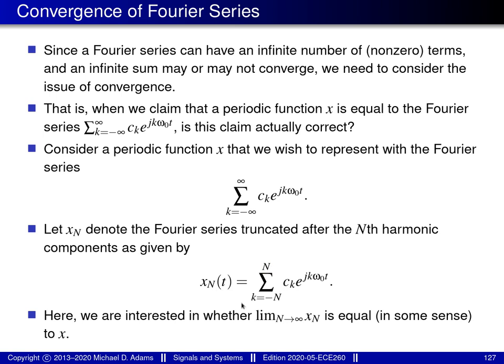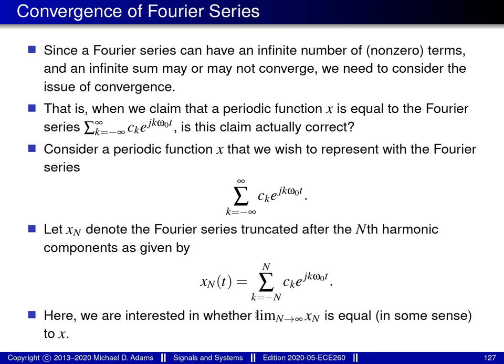More formally, when we're talking about the convergence of Fourier series, we take the limit of this function x subscript N as N goes to infinity. Is the resulting function equal in some sense to x? The sense in which it's equal to x might be pointwise equality or mean squared error equality.